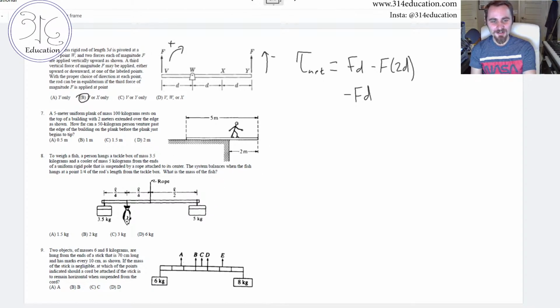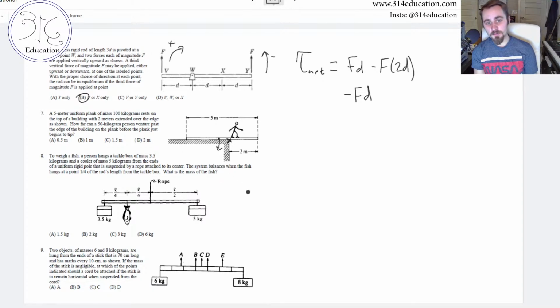Yeah, and next we have a man on a 5-meter uniform plank of mass 100 kilograms. So we expect that to be giving us a force down here. At the top of a building with 2 meters extended over the edge. So that means we can treat this point as a fulcrum.